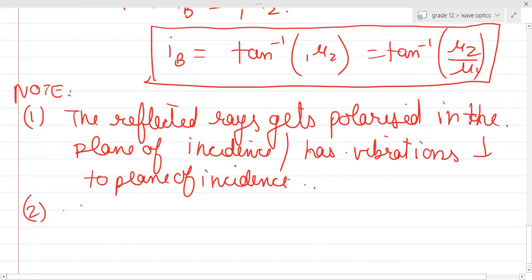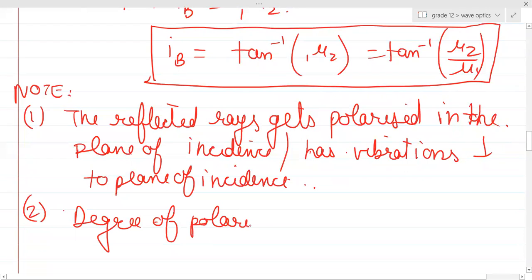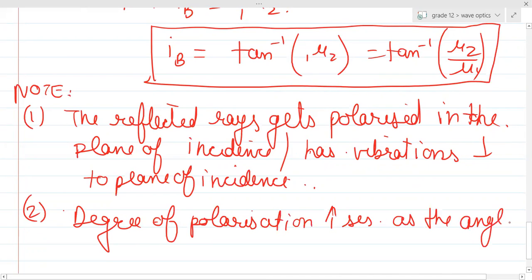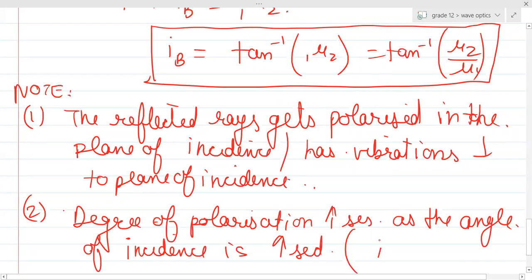Second point is the degree of polarization increases as the angle of incidence is increased, and that is when the angle of incidence is less than the Brewster's angle, right?